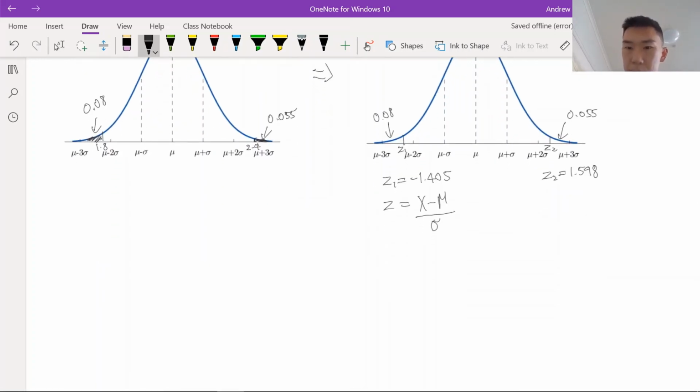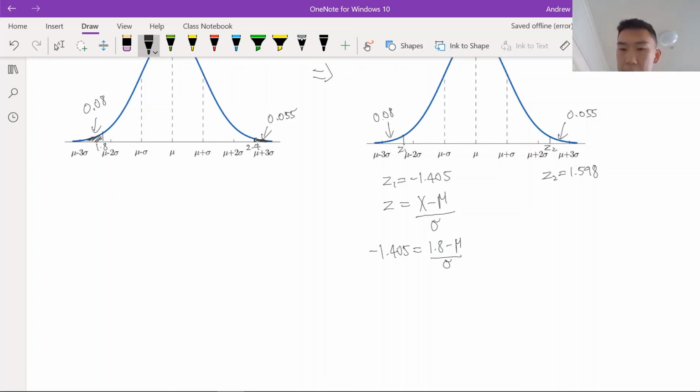We can go negative 1.405 equals 1.8, because this corresponds to this, take away the mean over the standard deviation.